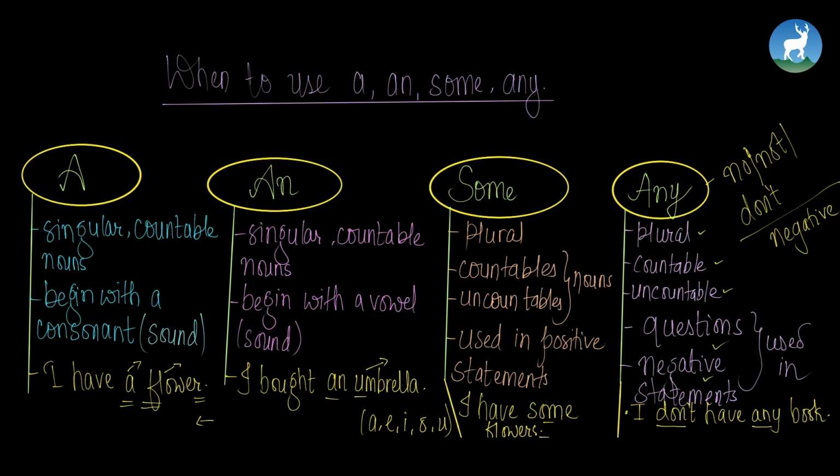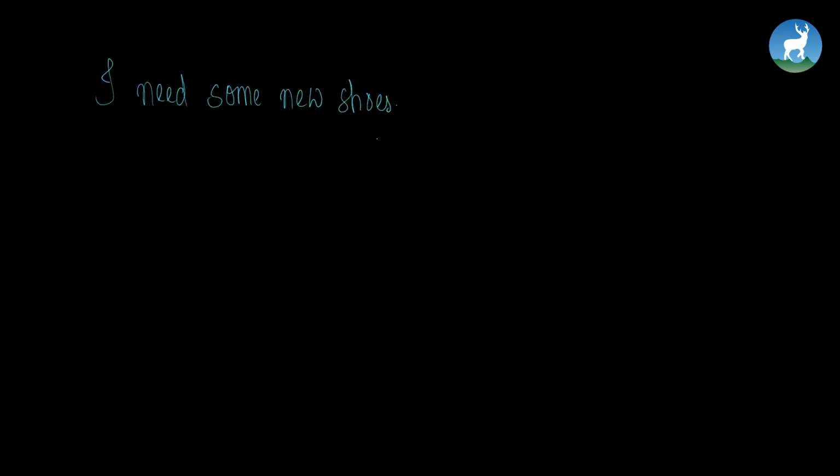Now let's go to see some more examples. See here. I say that I need some new shoes. Some is used with countable or uncountable plural nouns. Is shoes plural? Yes. But some is used when a proper number or amount is not defined. So some could be anything more than one, right? So I need some new shoes.